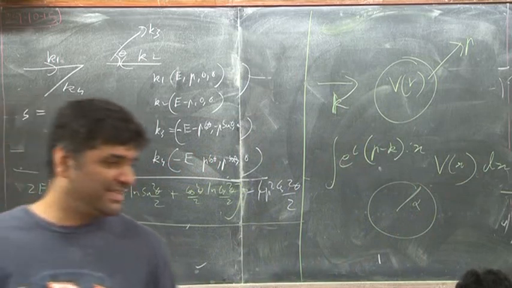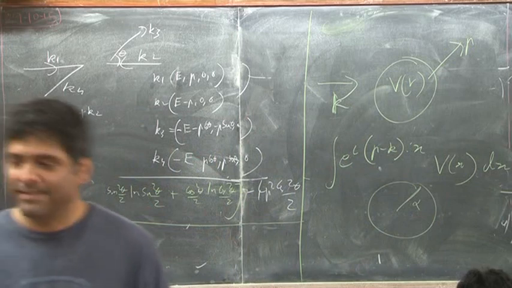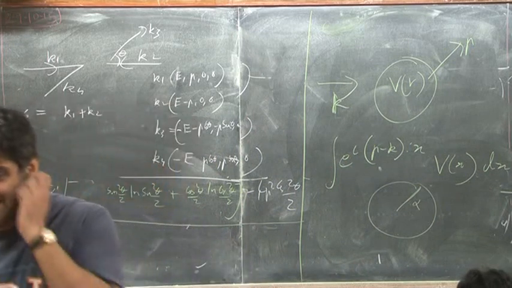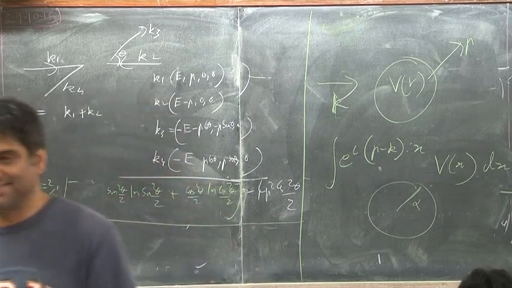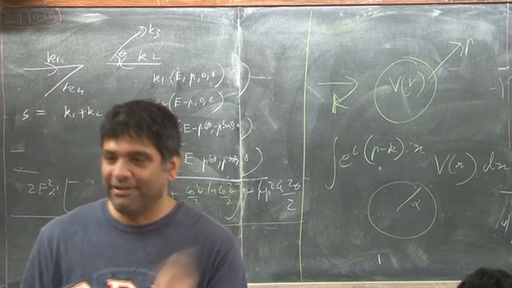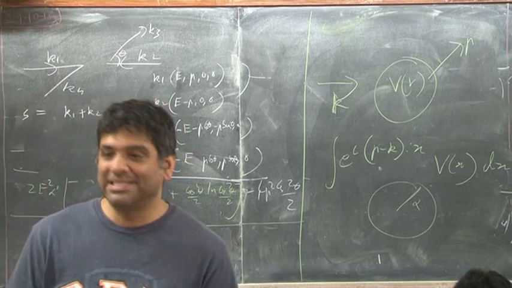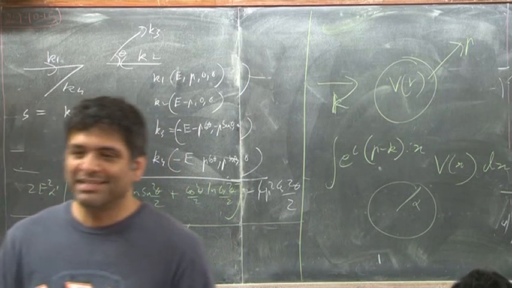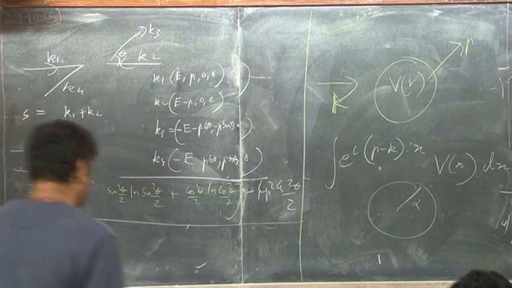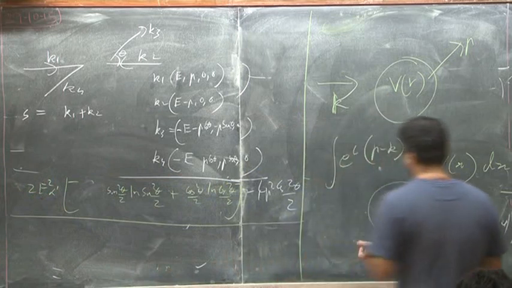Well, to get an example, let's take V to be a Gaussian. If V is a Gaussian in position space of thickness alpha, then it is a Gaussian in momentum space of thickness 1 over alpha. Okay?